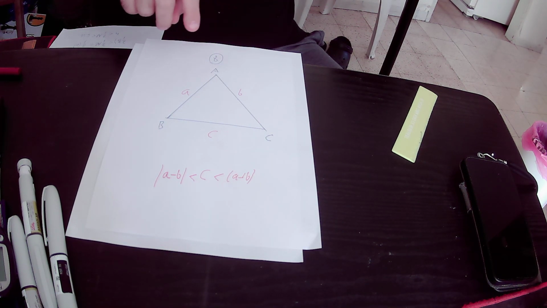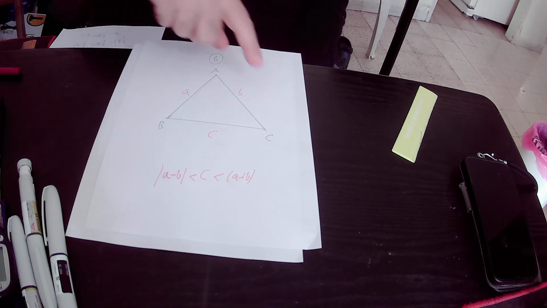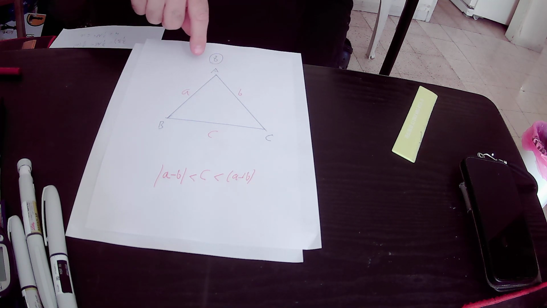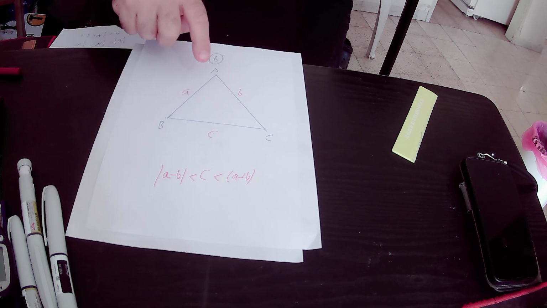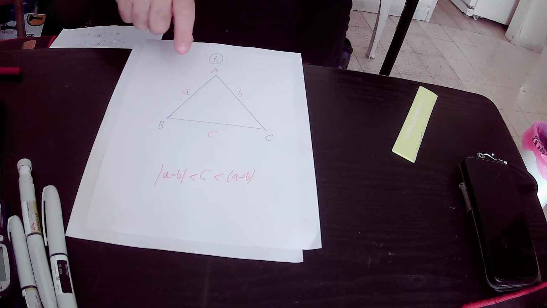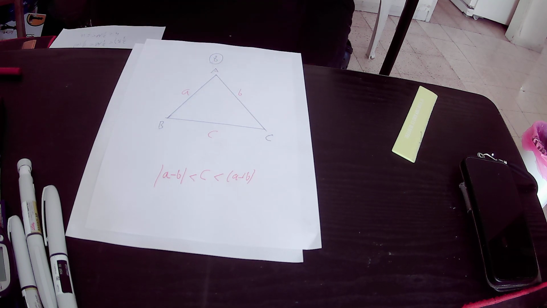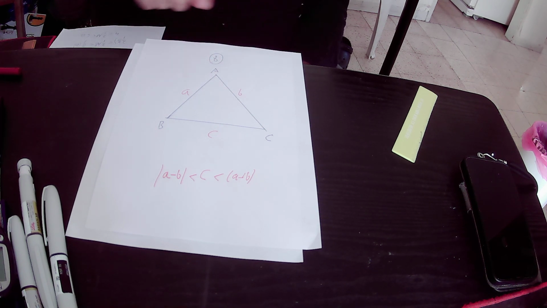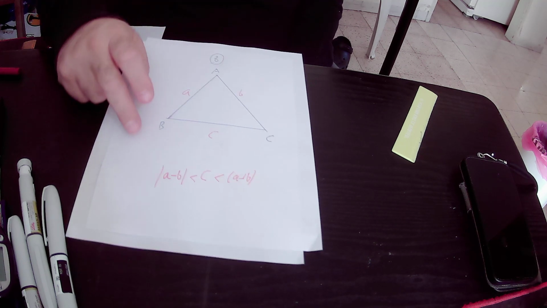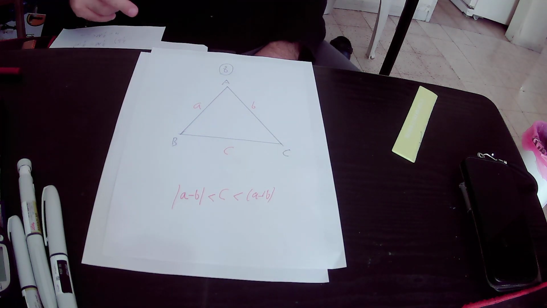That is to say, C is less than A plus B, and C is greater than the difference between the other two sides. C is greater than A minus B. Again, C is less than A plus B, and C is greater than the absolute value of A minus B.